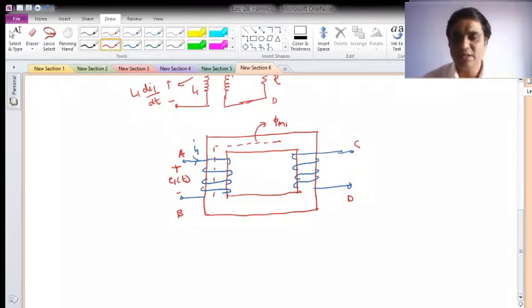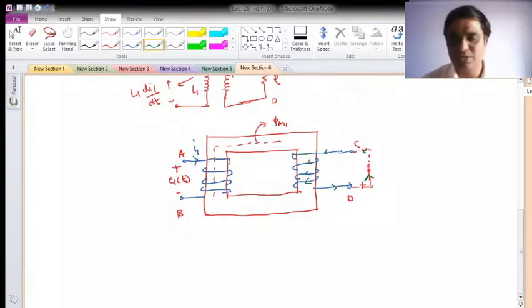To do that, let me assume that C is negative and D is positive, for example. If I assume my polarity is like this, and this is my resistor connected to it, what will happen with the flow of current? The current will flow in this way, like this, then this, then this, and this.